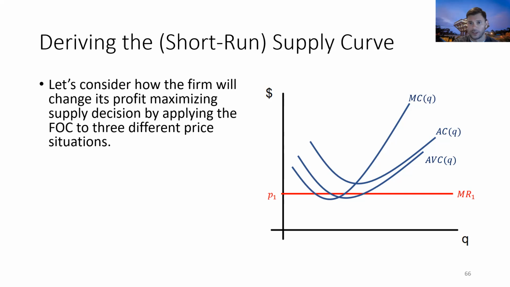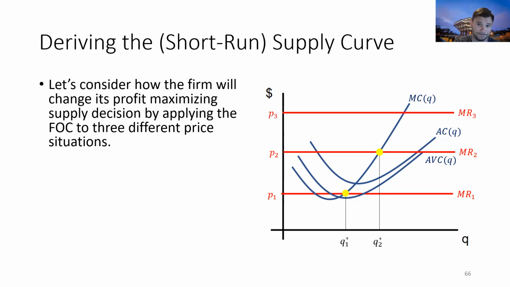We had this low price we looked at a moment ago, where we said, yeah, they would still produce even though they were making a loss there. We had a higher price that we considered just before that, where they were definitely making positive profit. And if the price went even higher than P2, hopefully you would agree they will still be making positive profit.